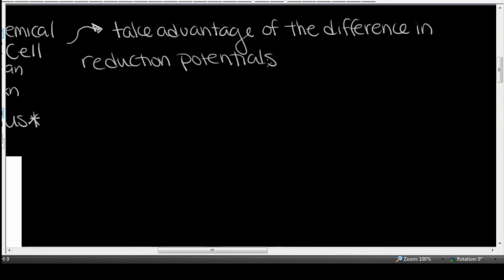These are denoted as E naught, standard reduction potentials of different species.